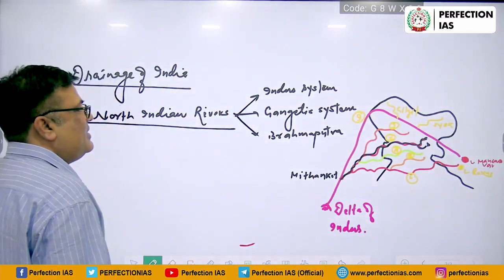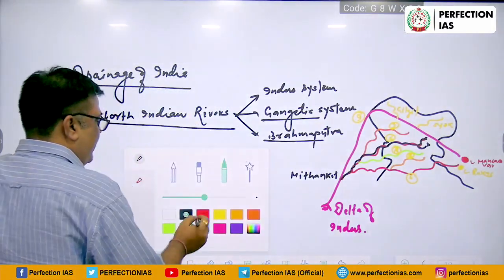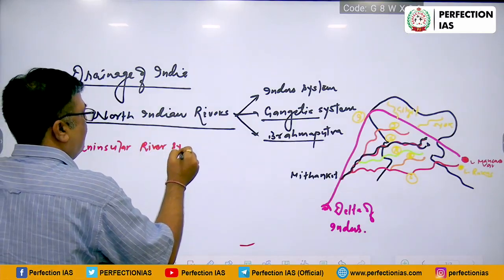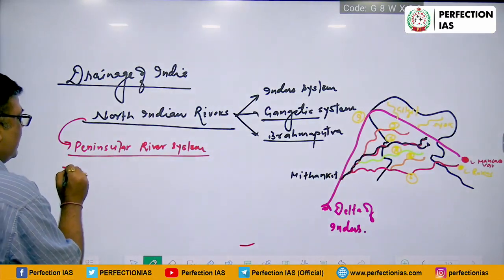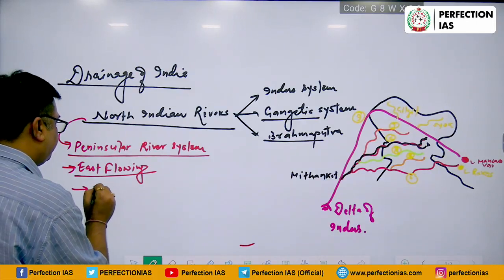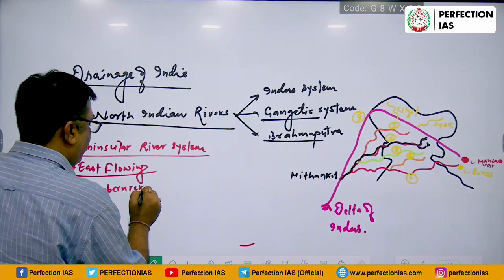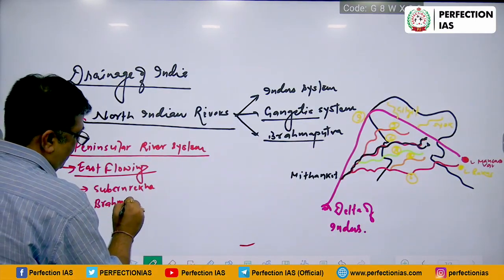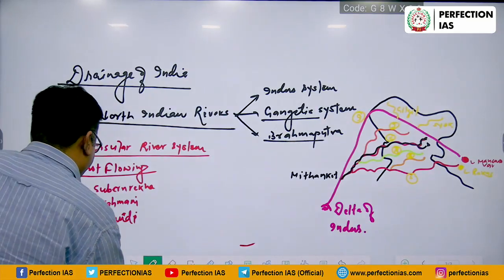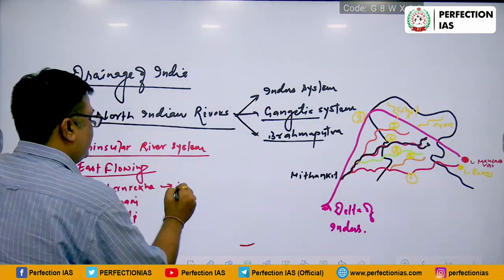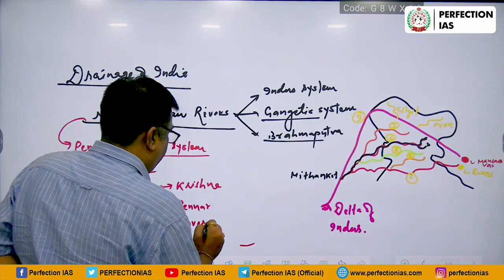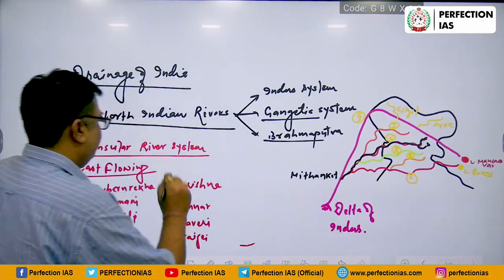Fine. And the same way we can do Gangetic, Brahmaputra, and thereafter we come to the peninsular river system, and that includes the east flowing rivers, and that is Subarna Rekha, Brahmani, Mahanadi, and all of these we will do on the map. Mahanadi, then Godavari, Krishna, Pennar, Kaveri and Vaigai.